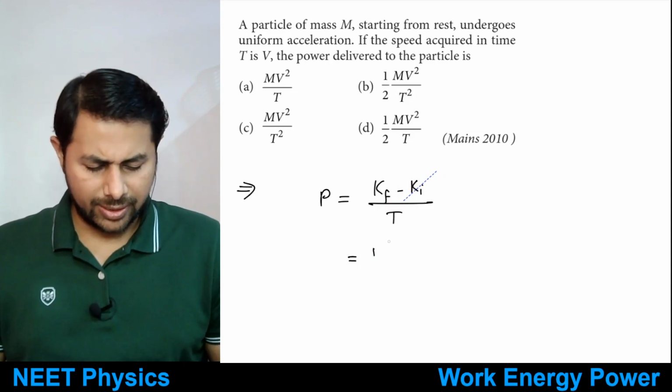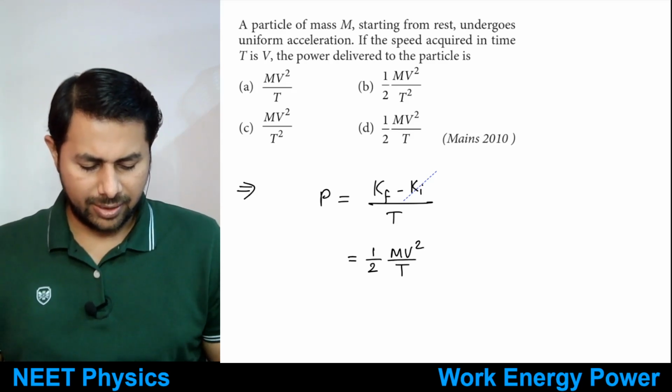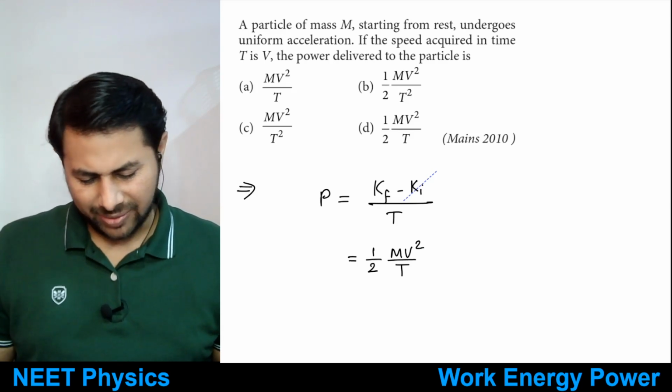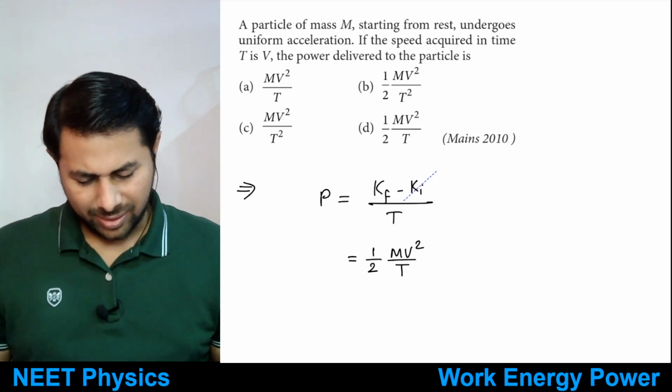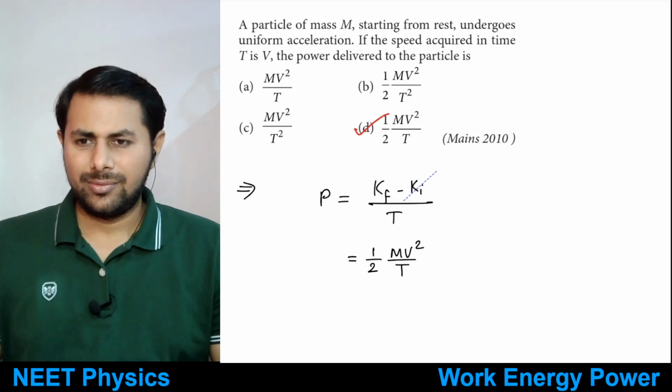So just put that: half of mv square divided by t. There can't be a question simpler than this. Option D, right? This one was simplest.